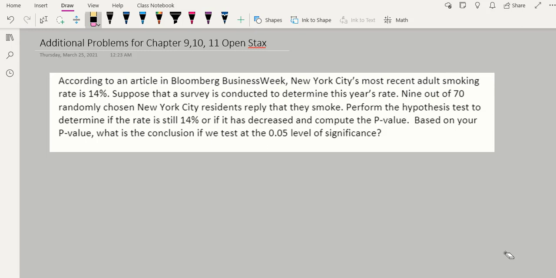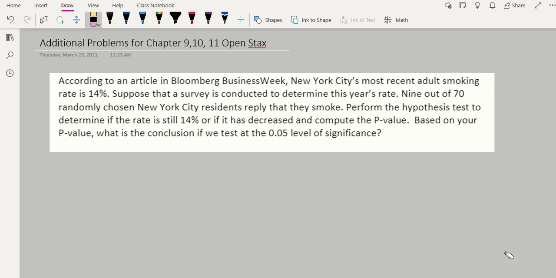Perform the hypothesis test to determine if the rate is still 14% or if it has decreased, and compute the p-value. Based on your p-value, what is the conclusion if we test at a significance level of 5%, or rather 0.05?